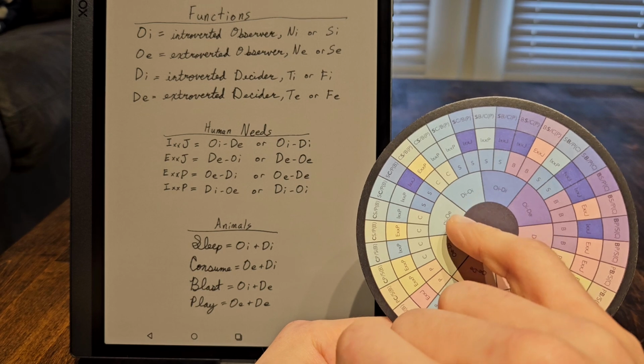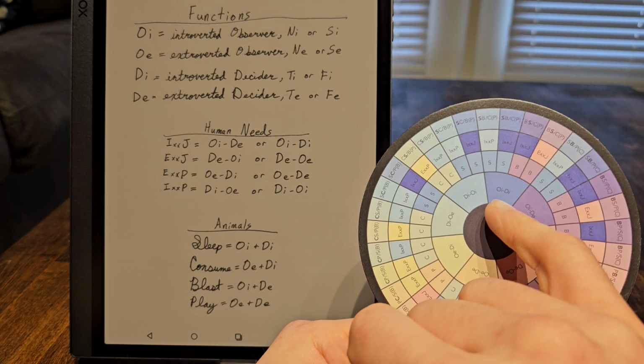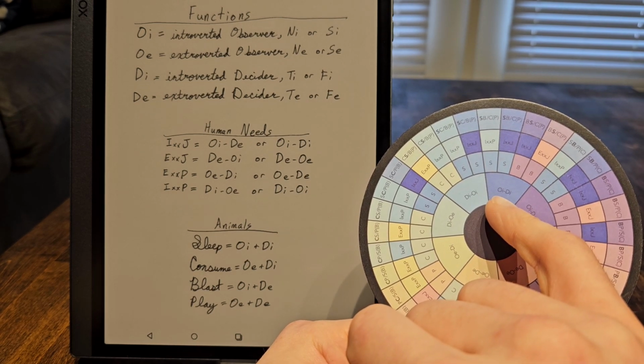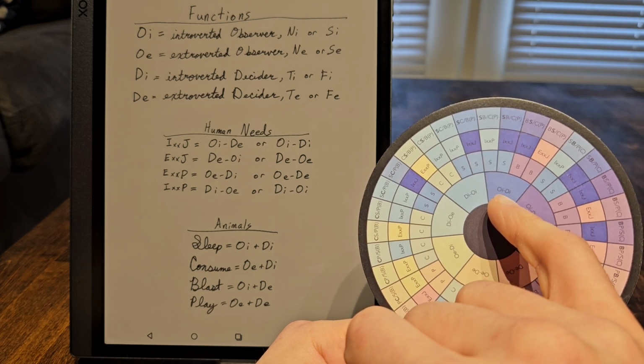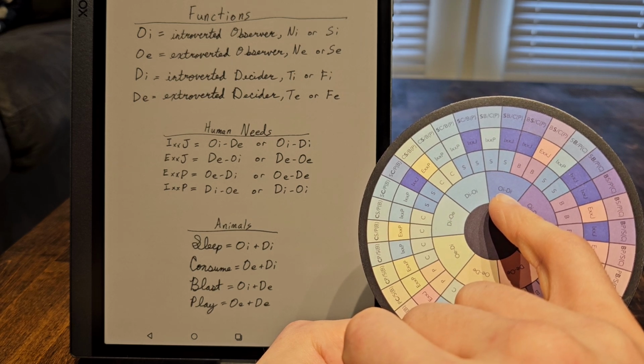And so that's what this internal ring is. You can just think of this as representing the letter there, observer, just means we're talking about sensing or intuition. And the letter here, the D, just means we're talking about thinking or feeling, right?